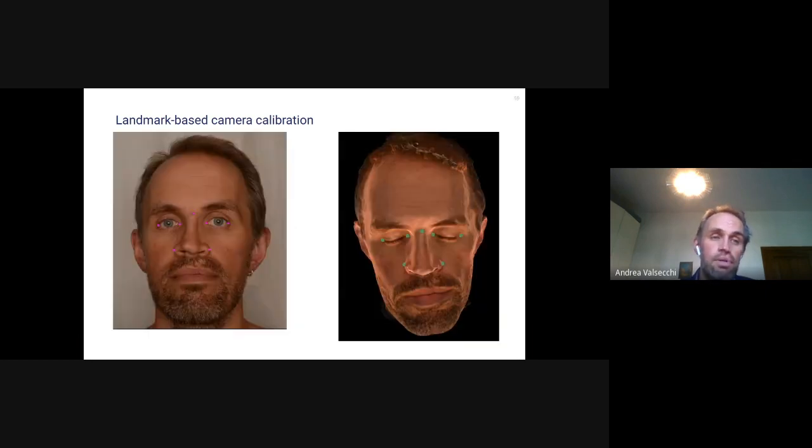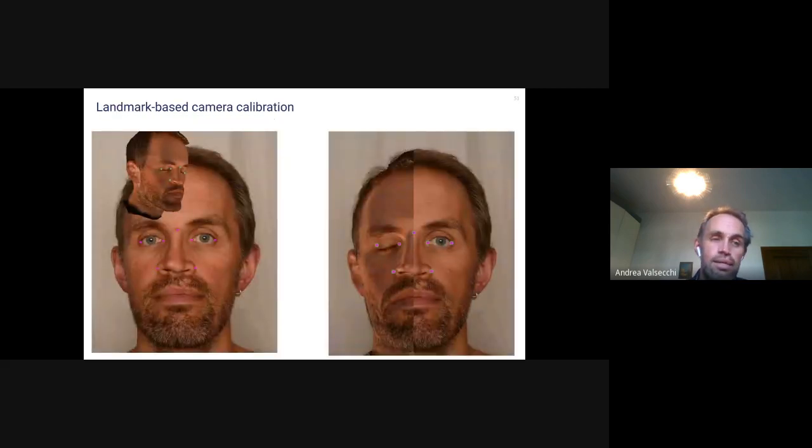So now if we want to overlap automatically a face, we need to mark the landmarks in the photo and in the 3D model. After a very quick processing time, less than a hundredth of a second, so you're not even going to notice it, you get a perfect superimposition, like we can see on the right-hand side.